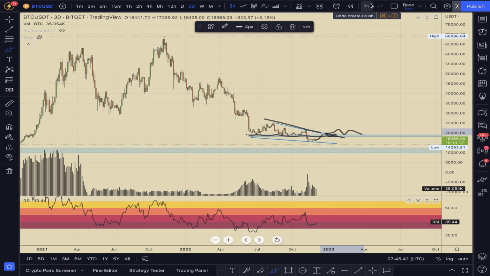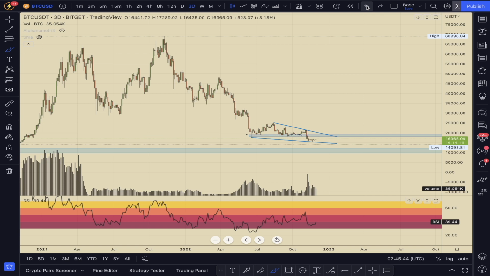I'm not saying the bottom is in, but what I'm saying is we are building a floor. Even if Bitcoin does head to lower levels, the price structure and the price behavior that we're seeing currently is contributing towards a floor being built. That's just a nice way of saying, hey, we're getting close.